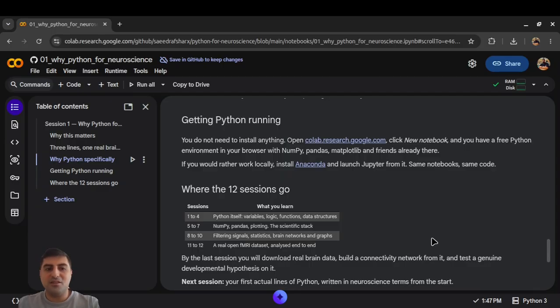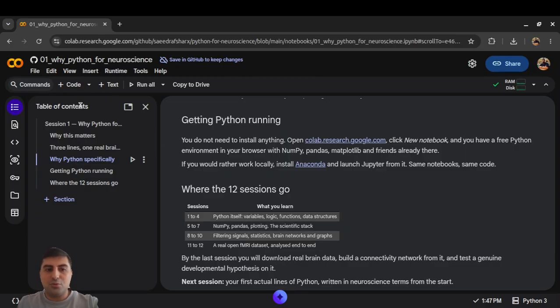You have Python in your browser with standard scientific packages already installed, running on Google's machines for free. Every notebook in this course has a button on the GitHub repo that opens it directly in Colab. All you do is click it, and you are looking at exactly what I'm looking at right now.